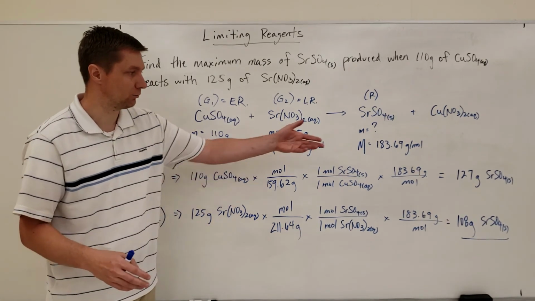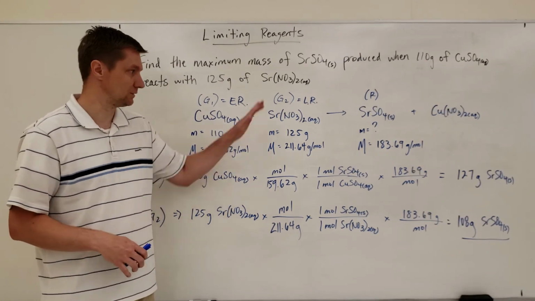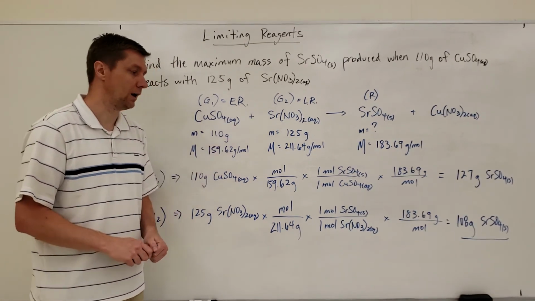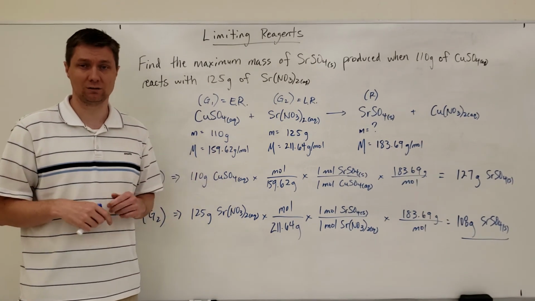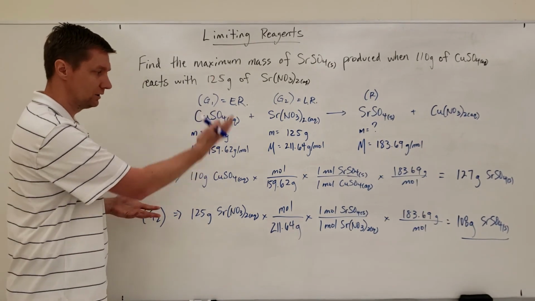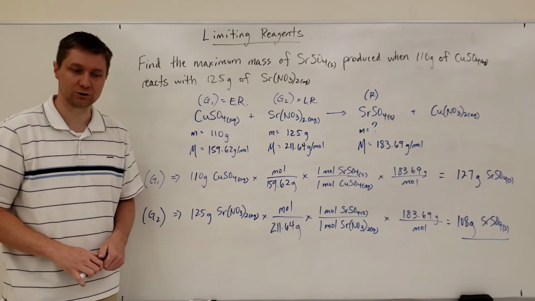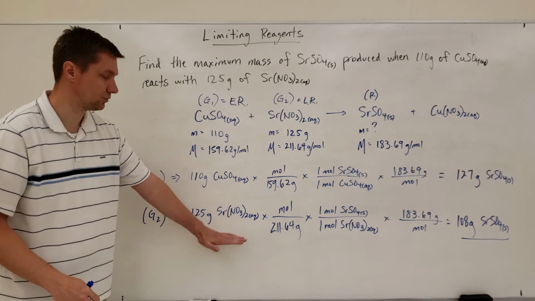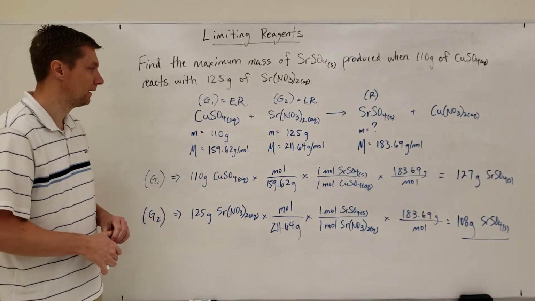And I won't be able to complete the rest of what this reaction could do simply because this one's all gone. Another type of question you could be asked is simply to identify the limiting reagent. So again, doing these steps and these two stoichiometry questions, you can identify, okay, strontium nitrate is my limiting reagent. So you may see questions like that as well.